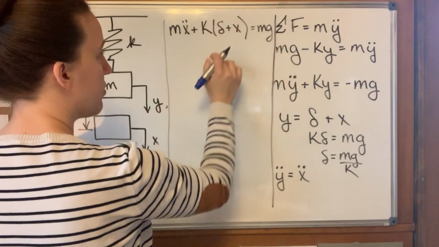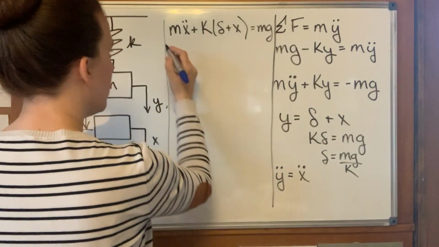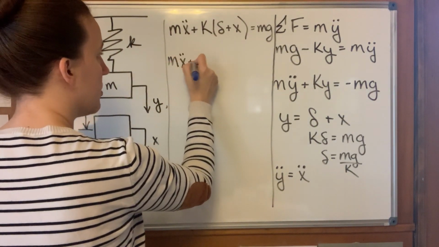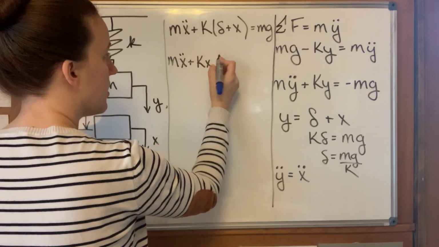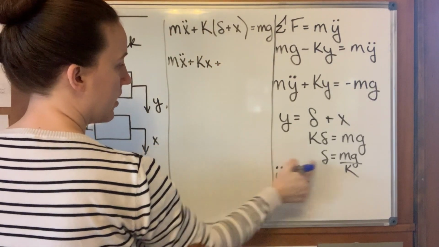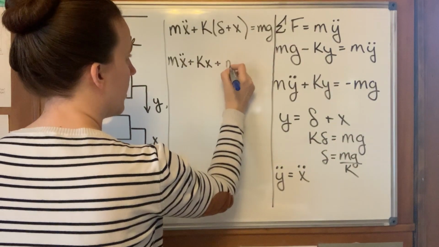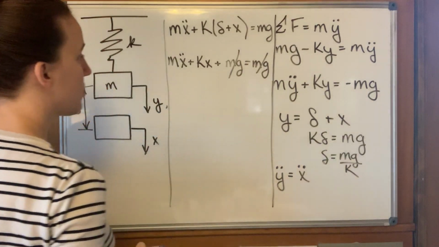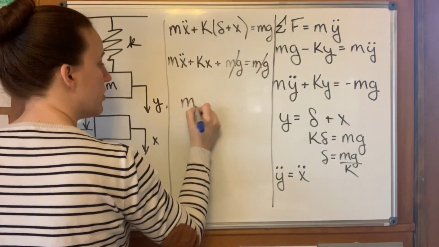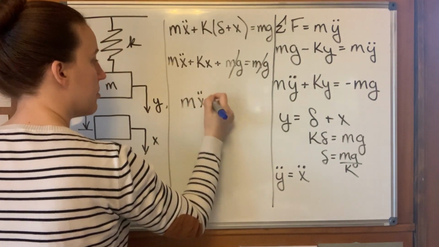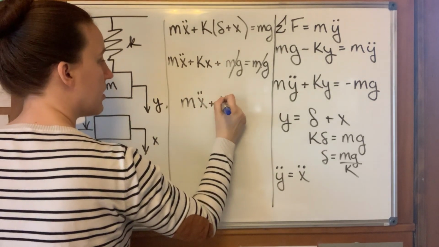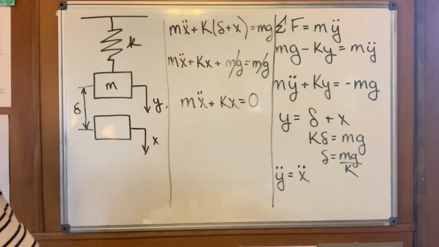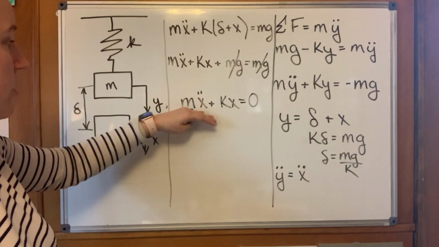And now if we substitute this delta here, so we've got m x double dot plus kx, plus the k's will now cancel. We'll get mg equals mg. These will cancel, and we'll come back to m x double dot plus kx equals 0.